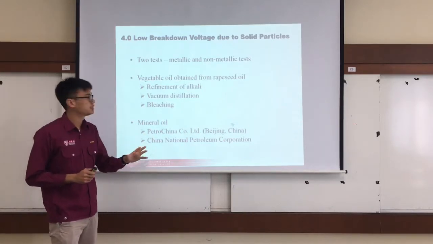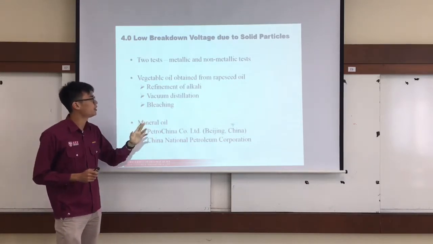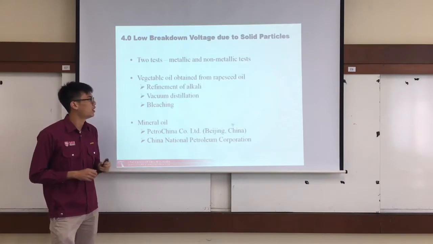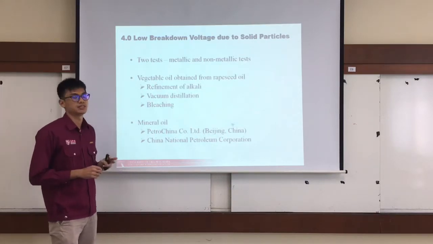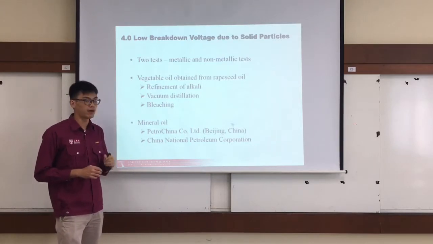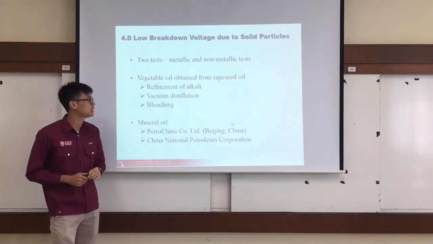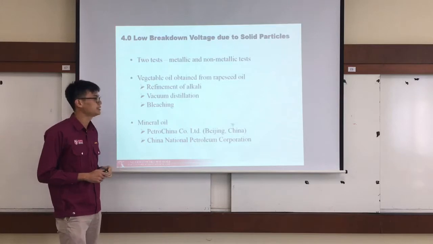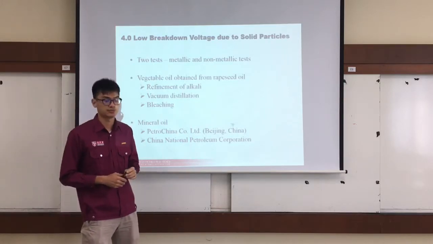These two tests use the same vegetable oil obtained from rapeseed oil through three processes. They are obtained by alkaline refinement, followed by vacuum distillation, and lastly through the leaching process.